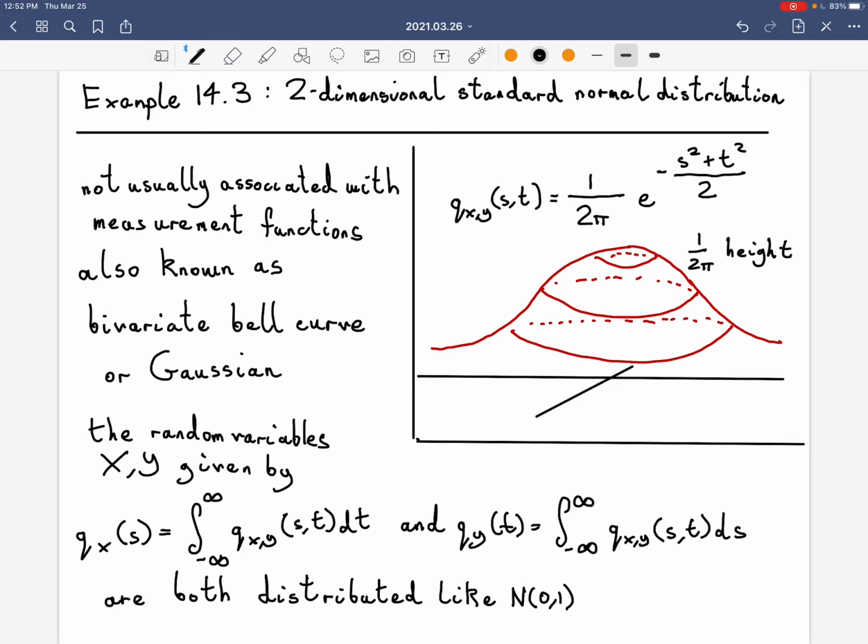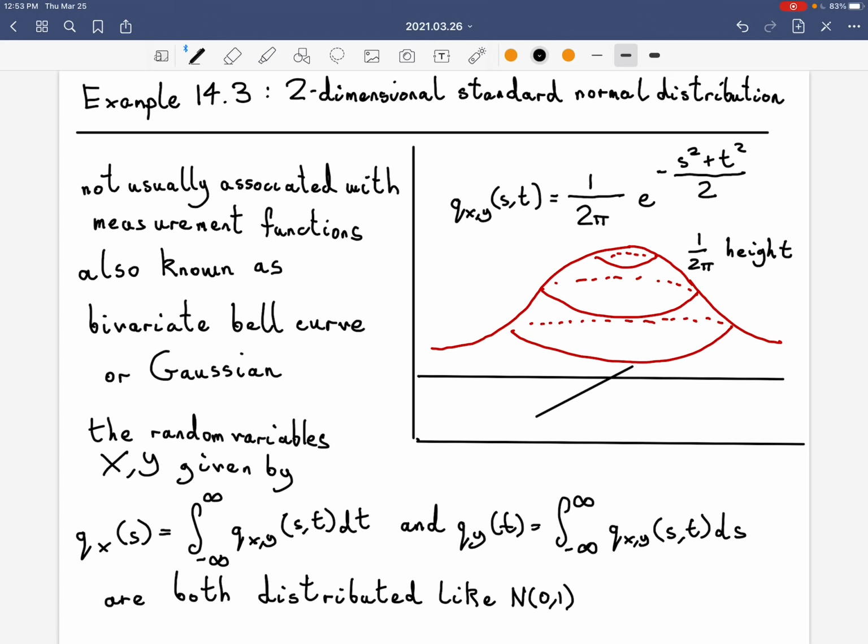And so the height of the two-dimensional standard normal is 1 divided by 2 pi. There's a dimensionality constant, which is 1 divided by 2 pi to the dimension over 2.